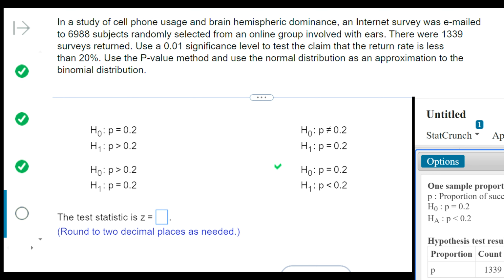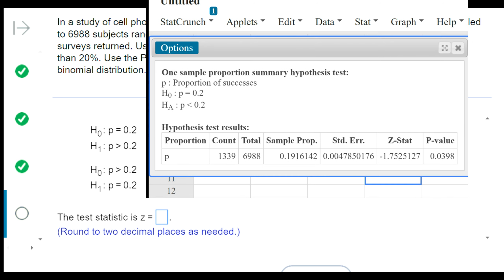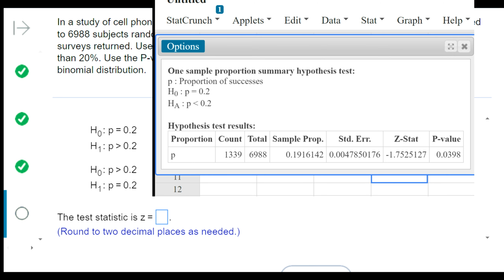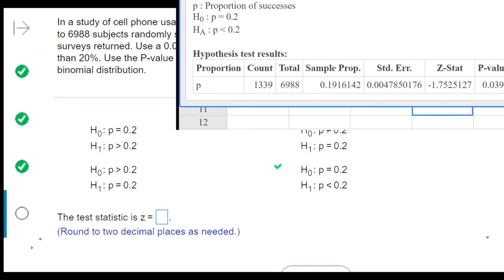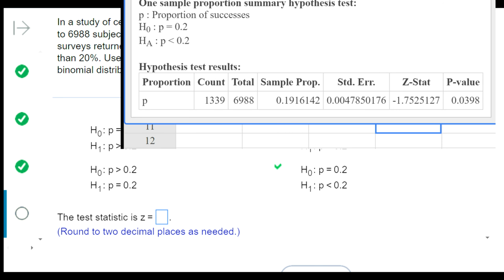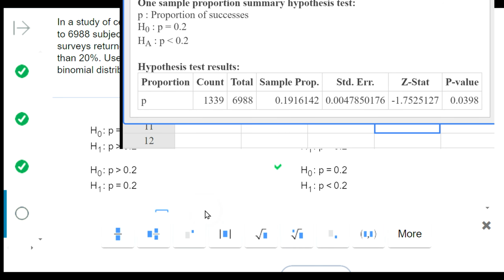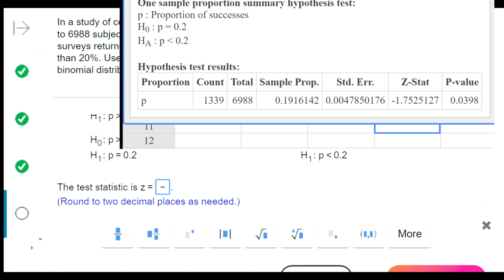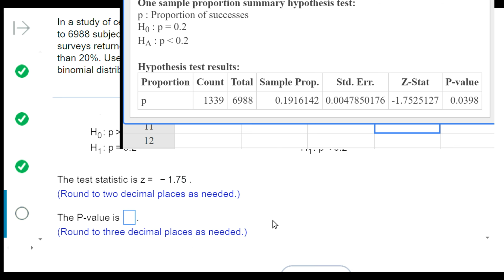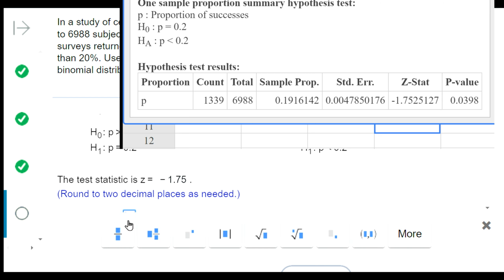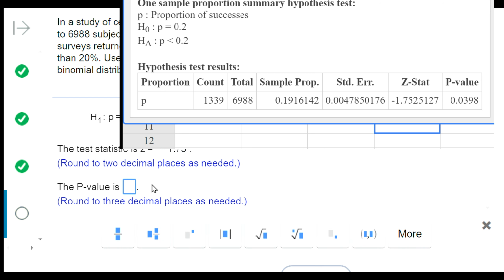And get my StatCrunch back up here. I see that my test statistic is negative 1.75. I see that my p-value is 0.040.